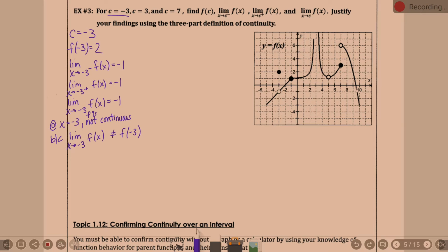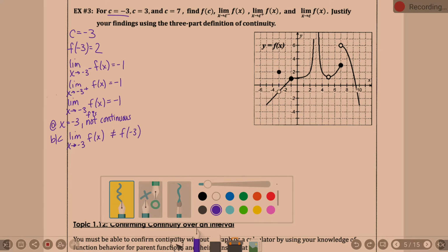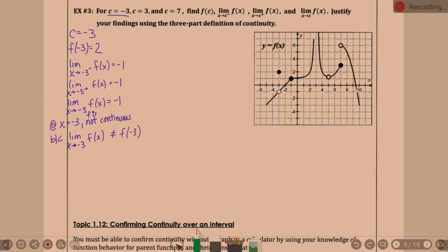Let's try another one. C equals +3. What do you know at C equals +3? There's an asymptote. Okay. So again, using the definition here, what is f of 3? Infinity? There is no value when x equals 3.